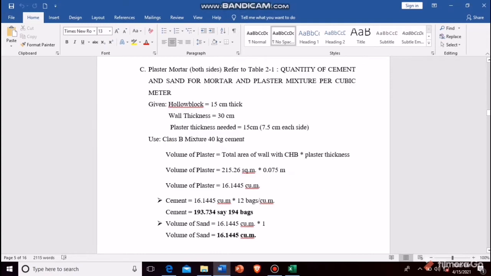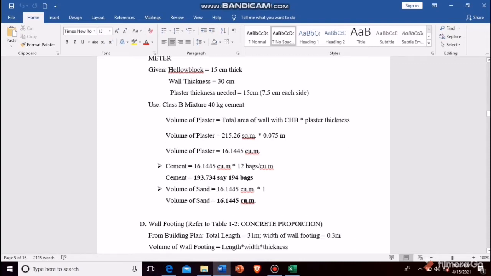Use class B mixture, 40 kg cement. The volume of plaster is total area, that is 215.26, times plaster thickness, that is 0.075 meter or 7.5 cm. So volume of plaster is 16.1445 cubic meters.